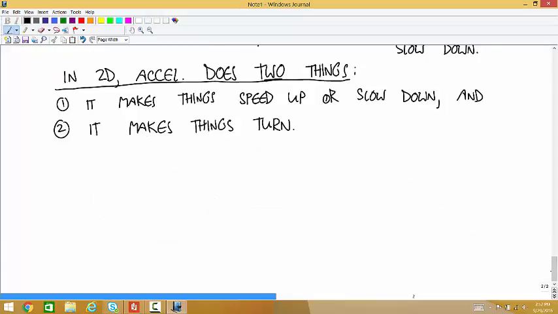So I want to give you a way to think about that. To visualize that, think of the path of an object.